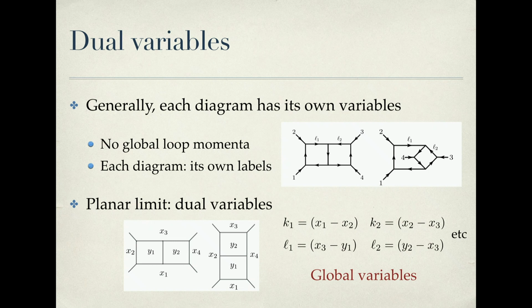They are related to momenta. The momentum flowing in an edge is always a difference of these two coordinates which are adjacent to a given edge, that is, the faces adjacent to that edge.